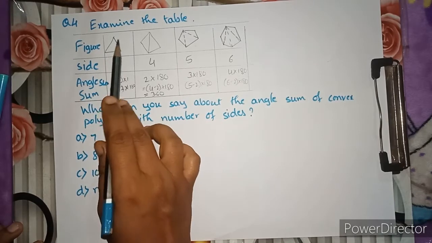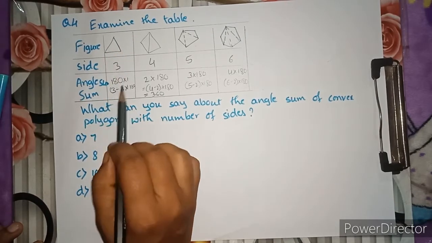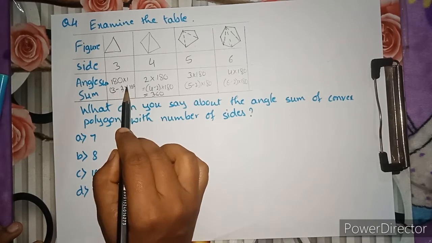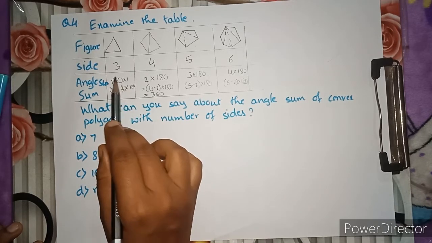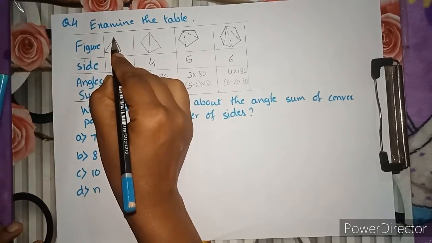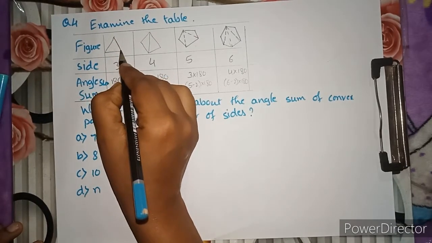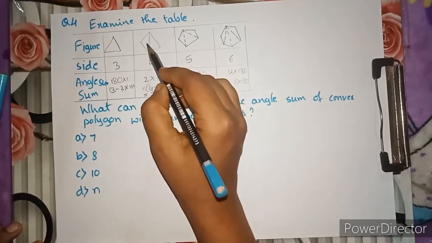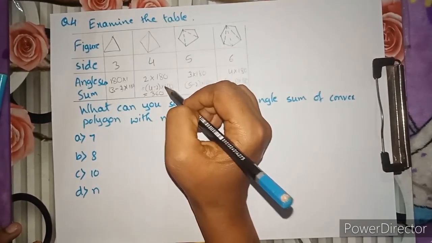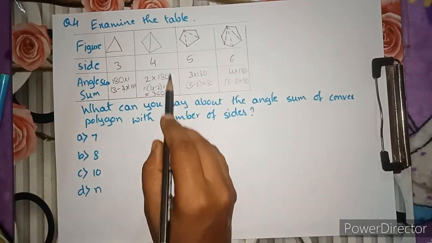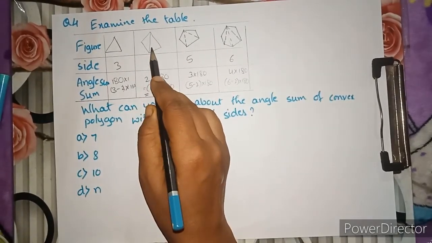Okay, we have 3 sides here. 3 minus 2 into 180, means 3 minus 2 is 1. 1 into 180 is 180 degrees. So sum of these 3 angles is 180. In the same way, we have 4 sides here. 4 minus 2 into 180 is the angle sum of this quadrilateral.